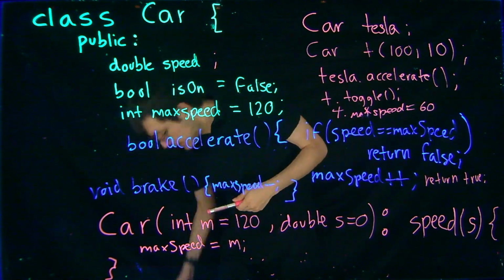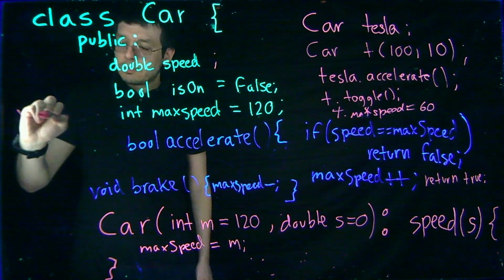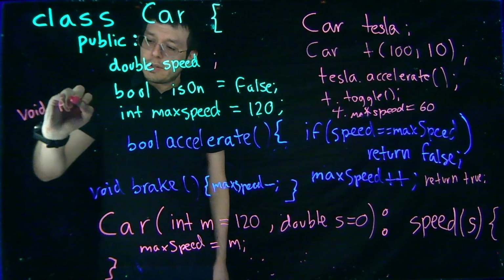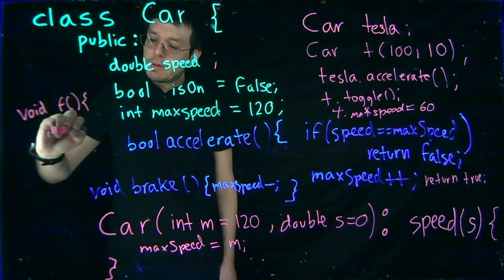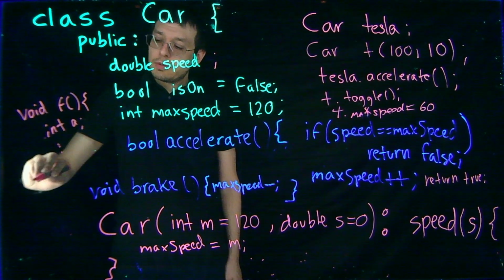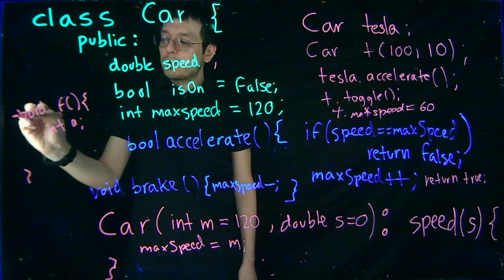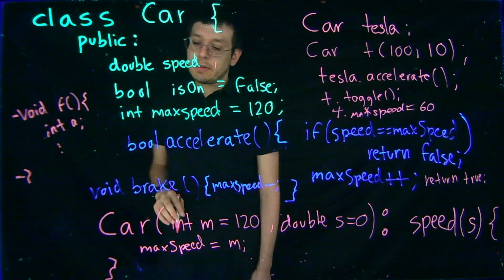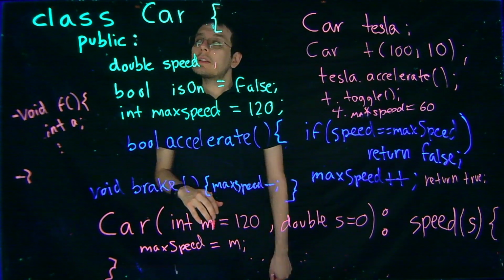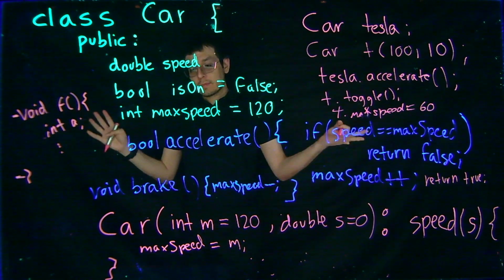Okay? So, void f, and here I have an int a, and there's some code, and the code ends. This int a only exists from when this function is first called to when the function terminates. Outside of that, that int does not exist. What's the exception to that? Statics, right?